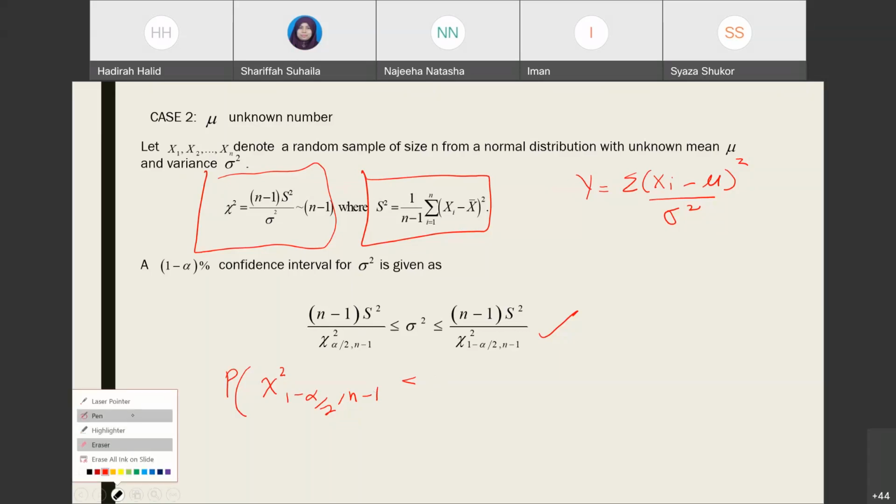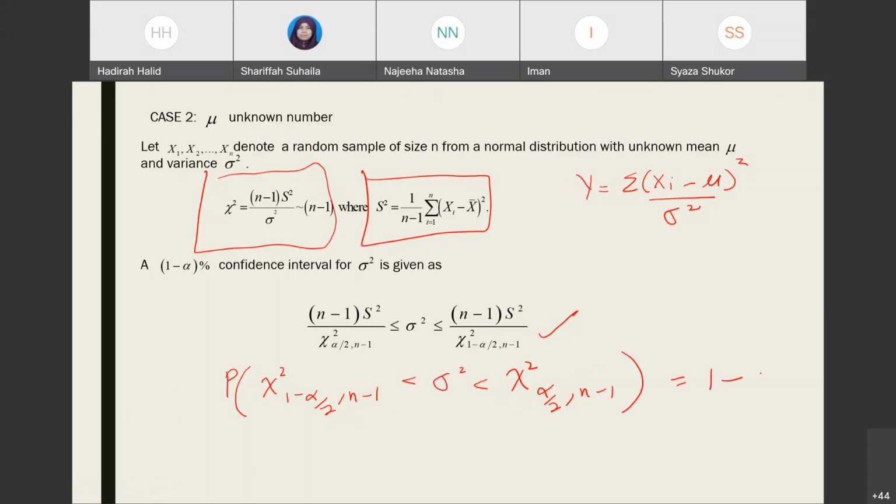So we have chi-square alpha over 2 with n minus 1 degrees of freedom, and the probability is 1 minus alpha.